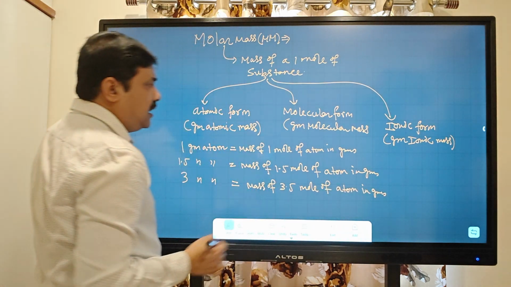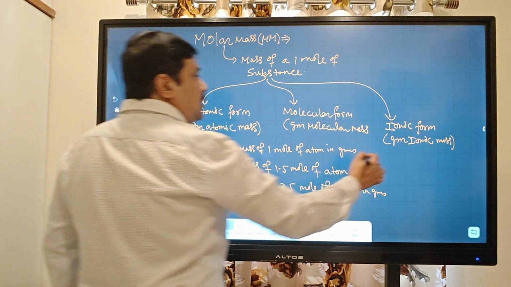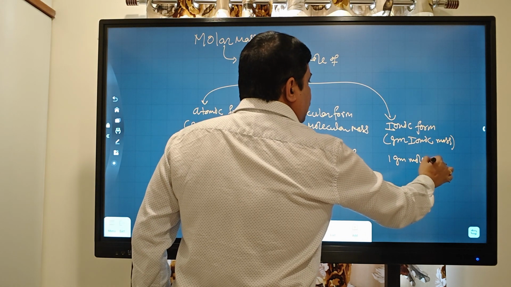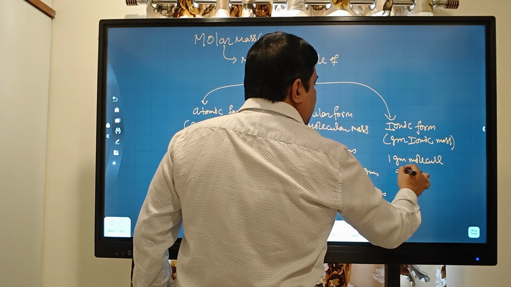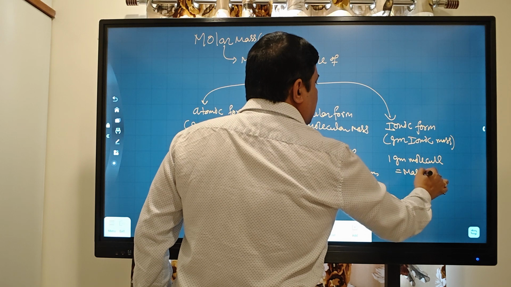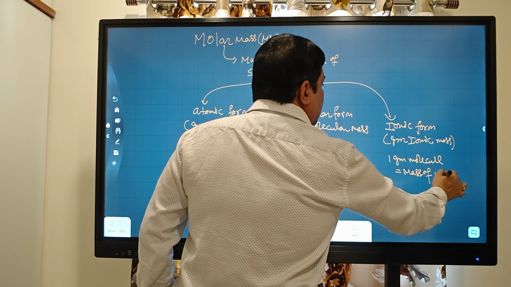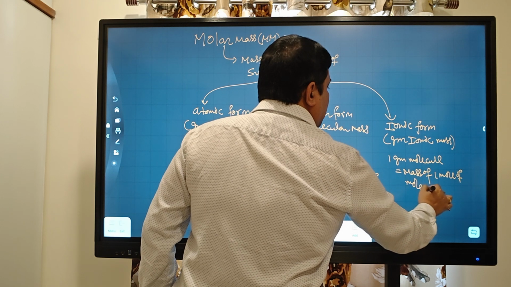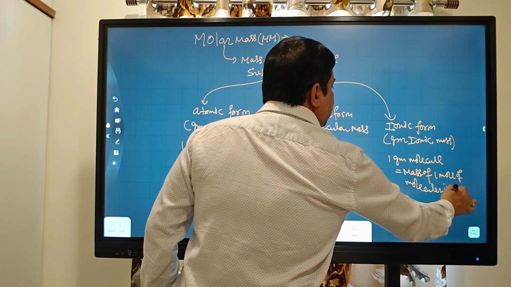In the same way, if I say 1 gram molecule, it is the mass of 1 mole of molecules in grams.